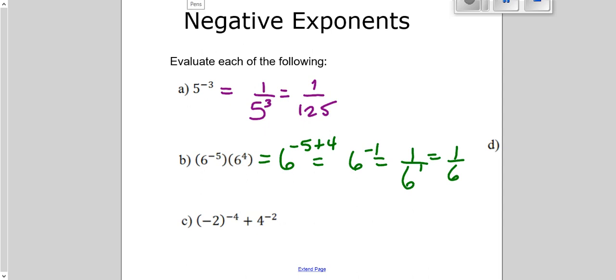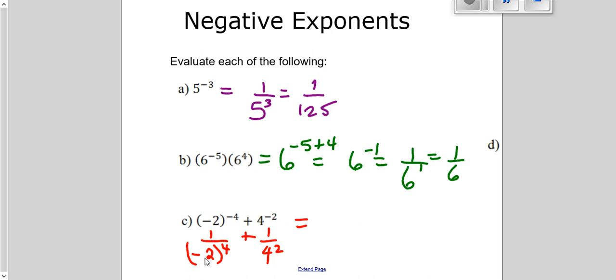Okay. And then we have -2 to the exponent -4 plus 4 to the exponent -2. So we're going to have to do these ones separately because their bases are not the same. So -2 to the -4 is going to be 1 over -2 to the power 4 plus 4 to the -2 is going to be 1 over 4 squared.